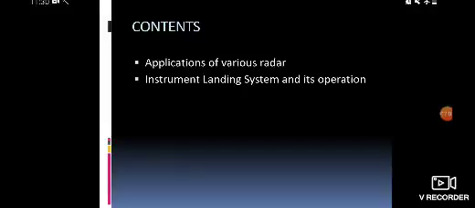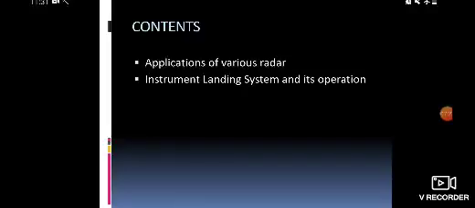Not only that, the instrument landing system gives instructions for landing towards the runway: how it should land onto the runway, and how far the runway is when we are landing.